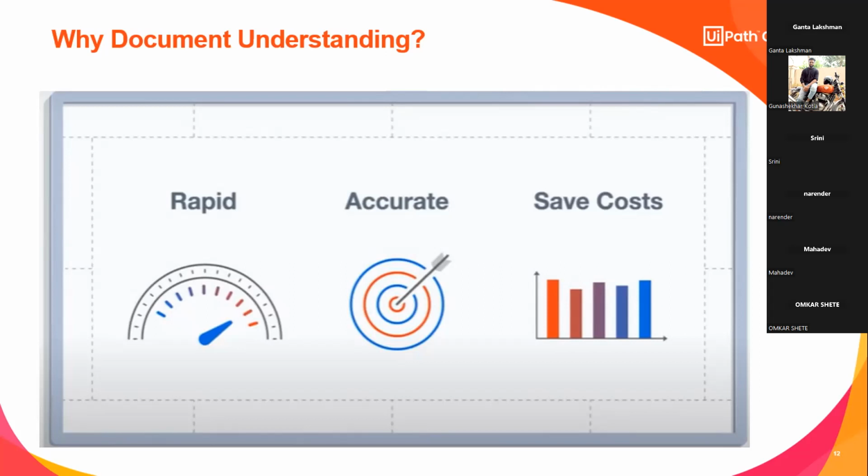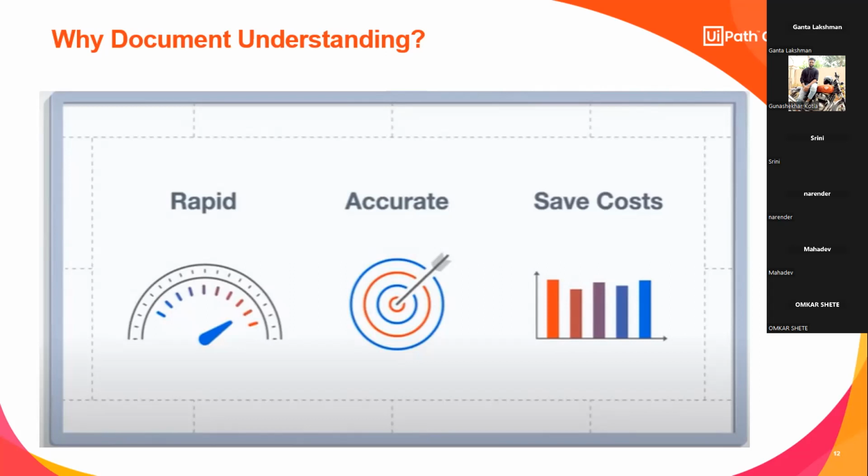When I say save cost, it is interdependent. If it is not rapid, that is what the manual task is: we take one document and verify it in different ways and enter it, so to pass the bill or any reimbursement, it will take weeks, right?